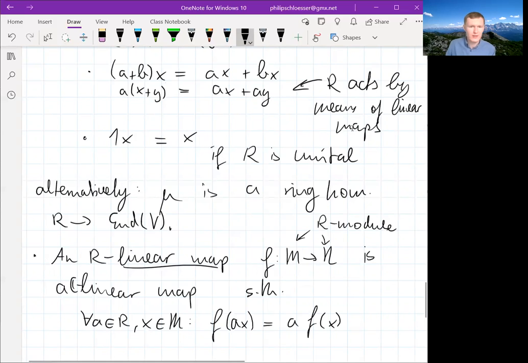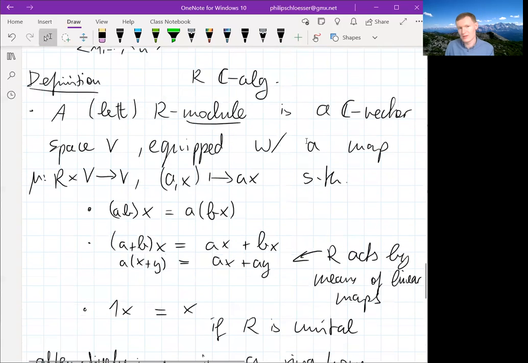Yeah, generally modules are a generalization of vector spaces. If you forget that an R module is by definition also a C vector space, those are exactly the same axioms you have for a vector space, with the difference that your R is just a ring and not a field in itself.